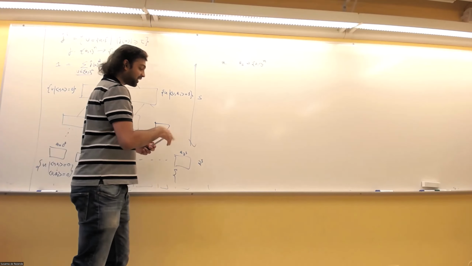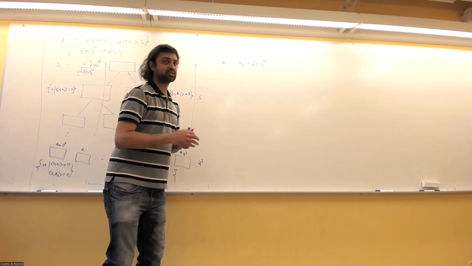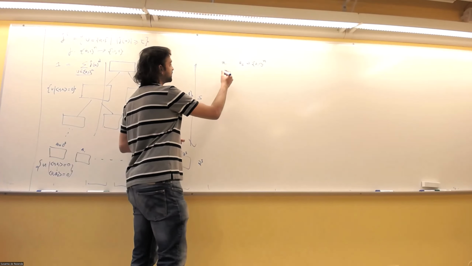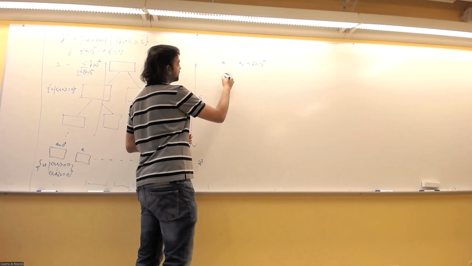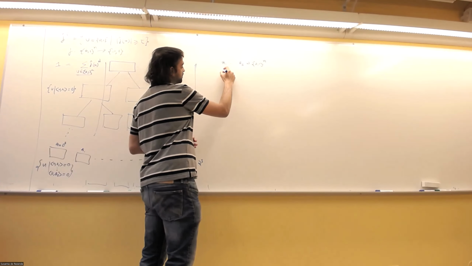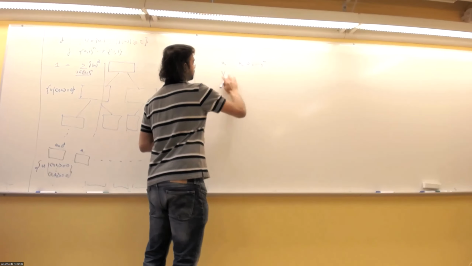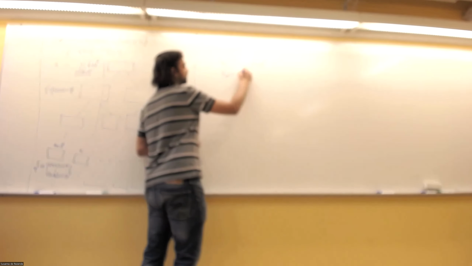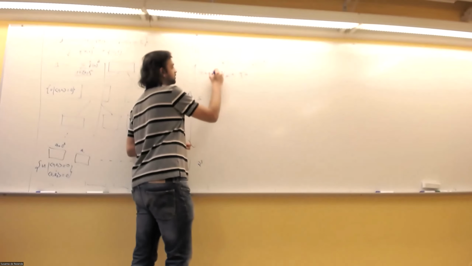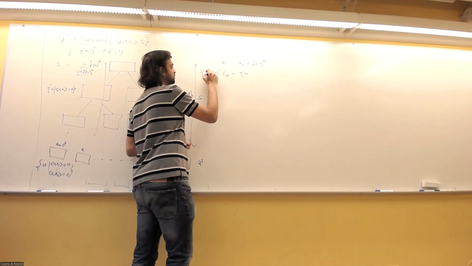So in order to analyze this, I'll just make some definitions here. I'll define V naught. And I'll first define VA, the set of all u for every a in 0, 1 to the s.